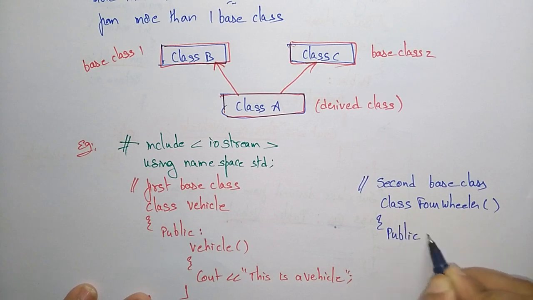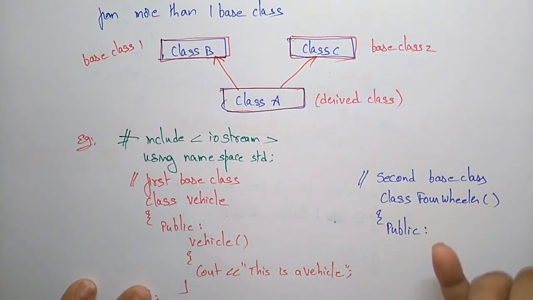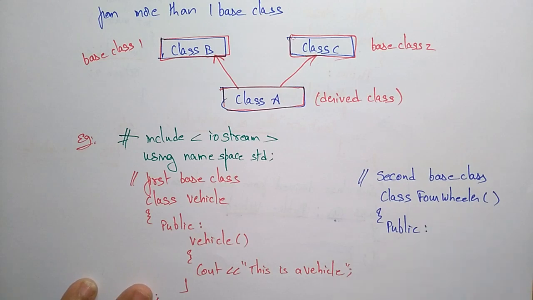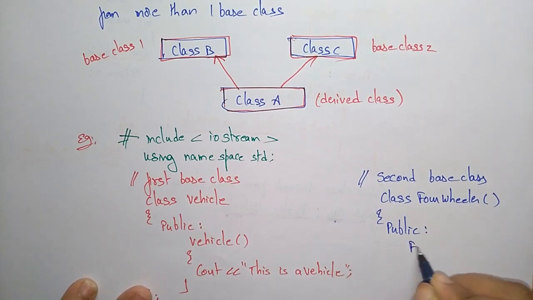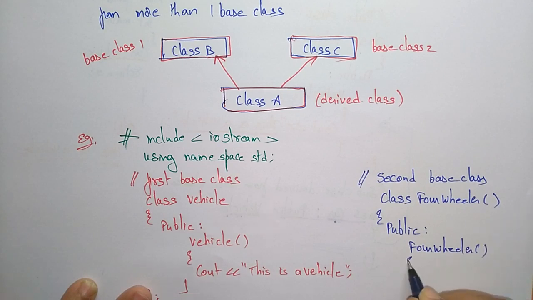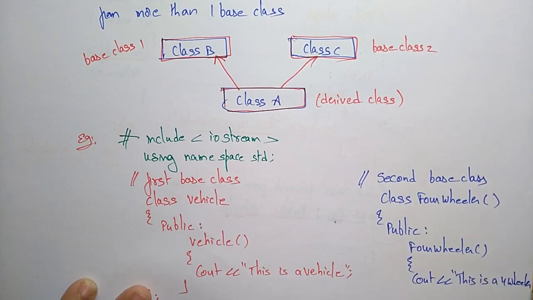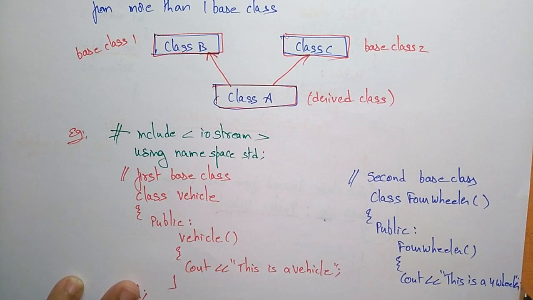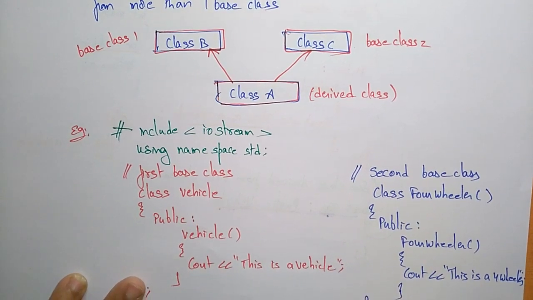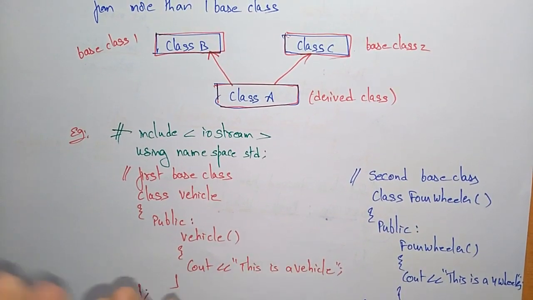Here also I am declaring it as public, so that the subclass can inherit the properties of this base class. So here the function is four-wheeler. Cout, here I am printing the message, "This is a four-wheeler". Okay. Close the class. So now I created the first base class and the second base class.